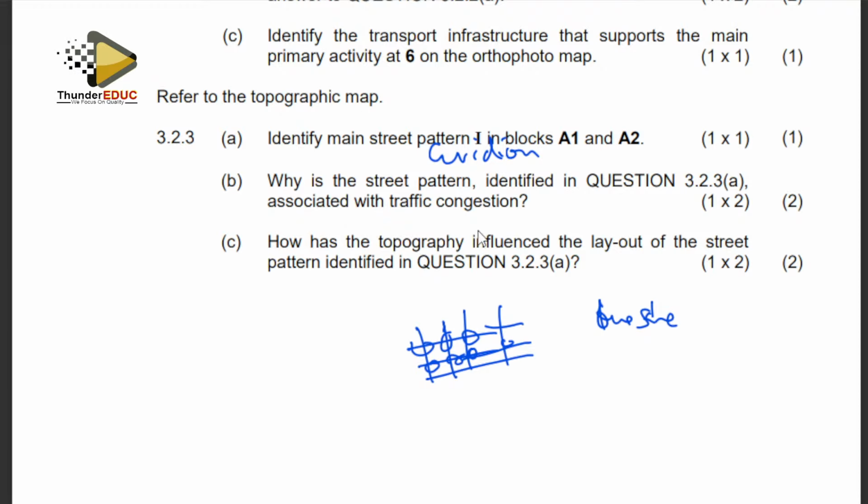So why is it associated with a lot of traffic congestion? Number one, it is because they have a lot of intersections. There are very many areas where roads are intersecting. And you know that in most cases, when these roads intersect, there are traffic lights. There are always traffic lights.